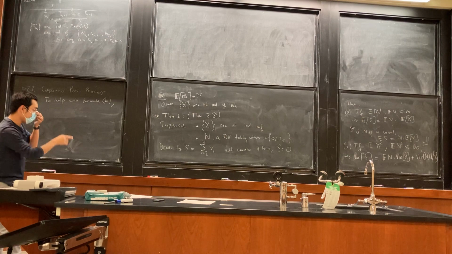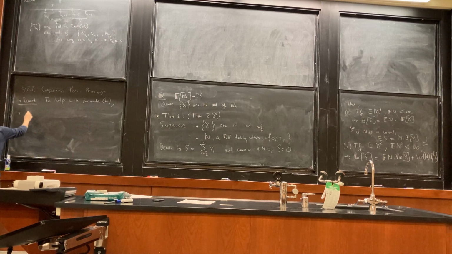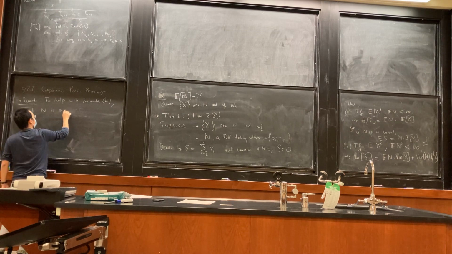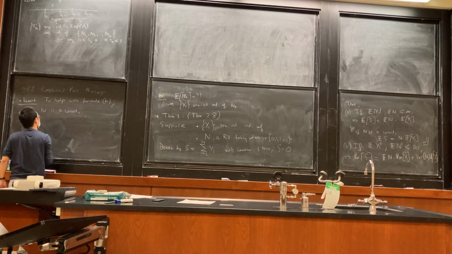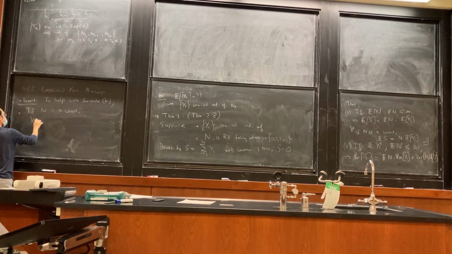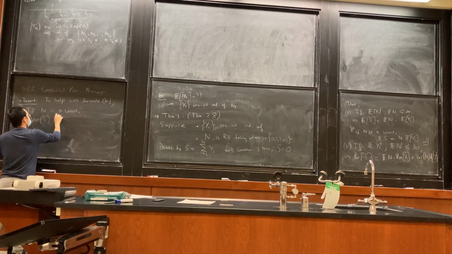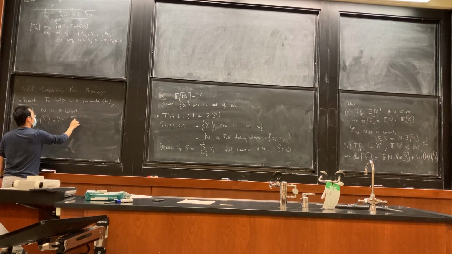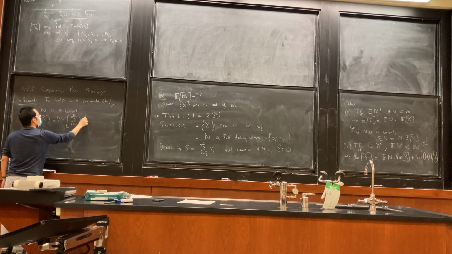Suppose N is a constant, then the variance of S is the variance of the summation of Y_i from 1 to n.